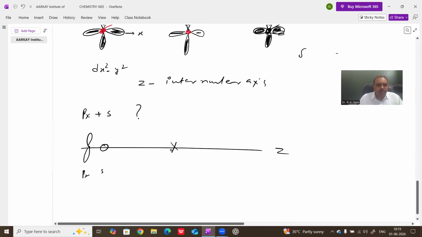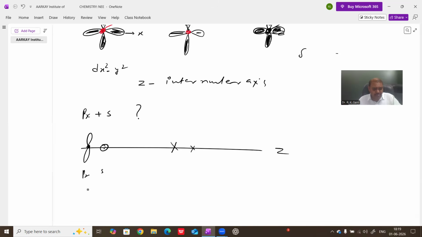Therefore, no bond is formed, because the lobes of the p orbital do not overlap with the s orbital. When the s orbital meets the p orbital, that point is a node, where the probability of finding the electron density is almost zero. Therefore, there is no interaction during covalent bond formation.